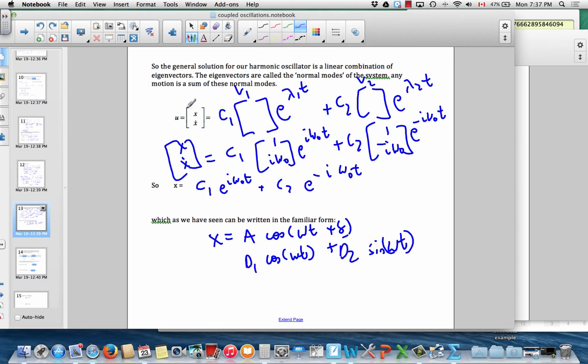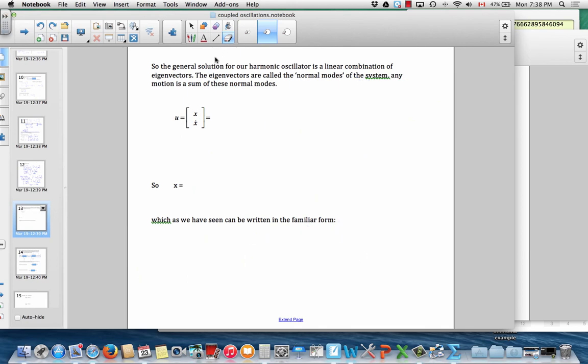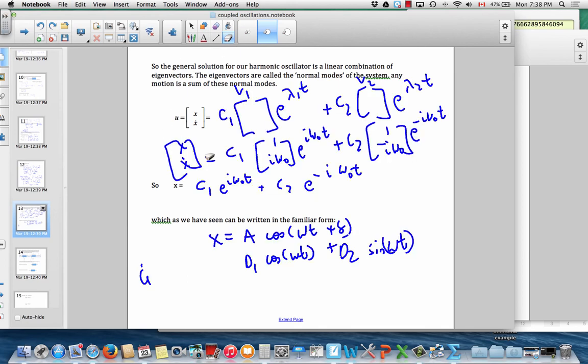So by writing the equation for simple harmonic motion in matrix form in terms of this vector u, we found that u dot was equal to A u. And then we said, yes, these things are matrices, but we know how to solve this equation already.